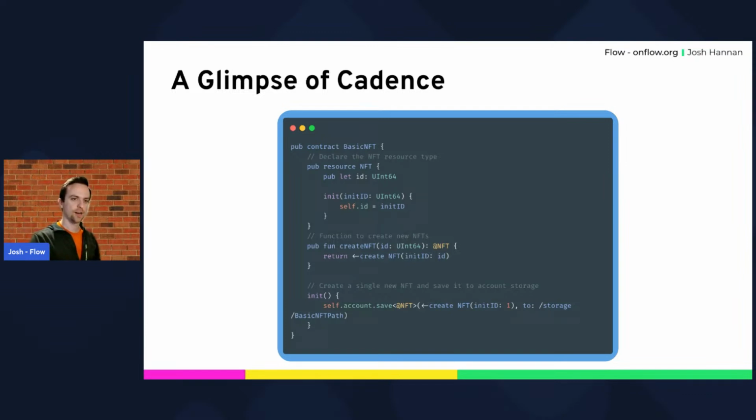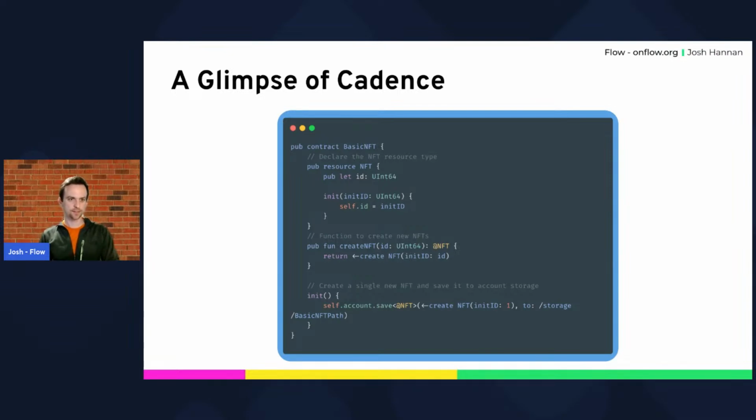With a resource, if you don't explicitly handle the resource at the end of the execution of a function, then the language will throw a type checking error that says there's a loss of resource here, and you need to handle it. So that means explicitly returning the resource from the function, explicitly sending it somewhere else, but handling it in some way so that you always know where these assets are going to be at the end of the execution of a transaction or of a function.